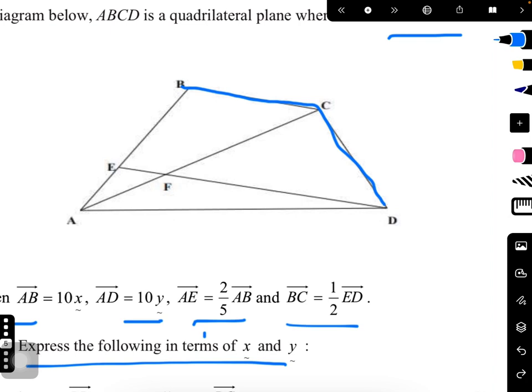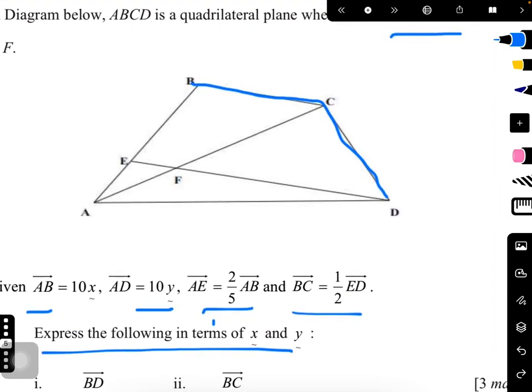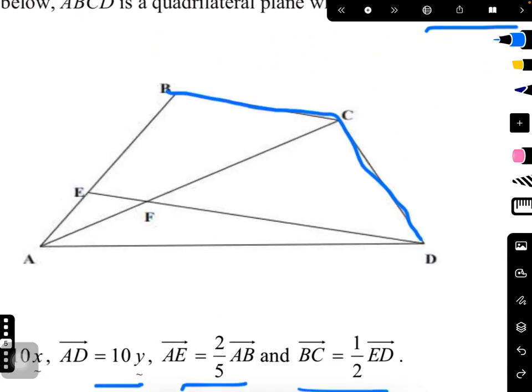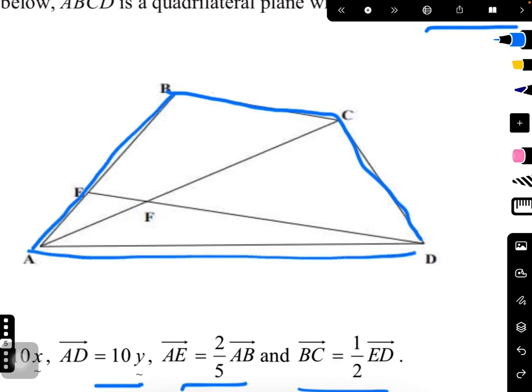You have to find it yourself. Okay, BD I got here. BD is AB plus AD. We got the parallelogram law.